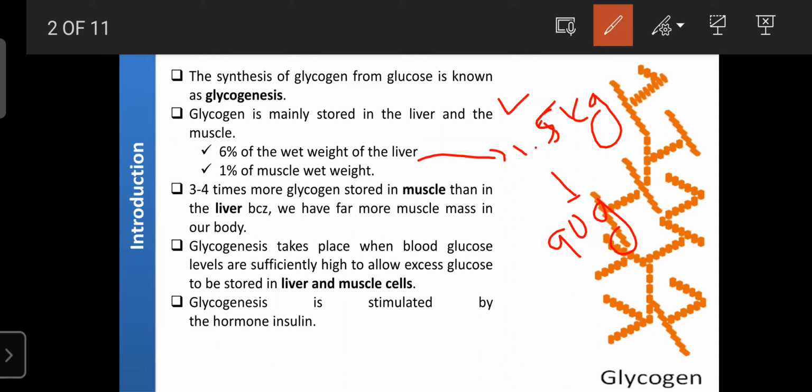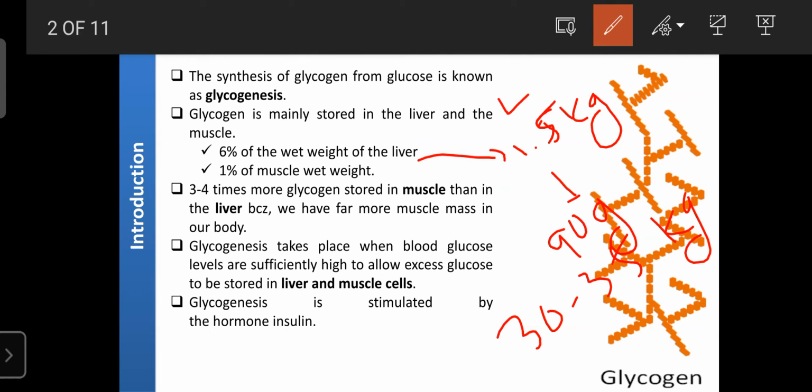For example, healthy human beings have an average muscle mass of around 30 to 35 kg. Muscle is more present in the male as compared to the female. This 30 to 35 kg is for an adult weighing around 55 to 70 kg. On average, they have a muscle mass of 30 to 35 kg, and 1% of muscle weight is stored as glycogen.